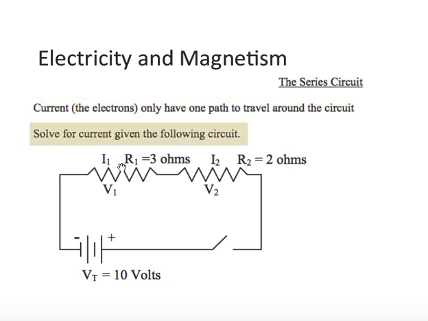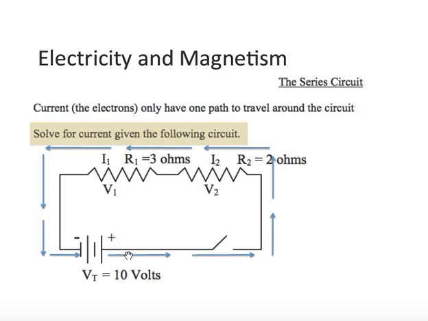Solve the current given the following circuit. So that's our goal, to try to get the current. Let's see how we do this. So once again, we draw our complete loop. It starts at the battery, goes from the positive terminal all the way around back to the negative terminal. And we start off by writing VT equals.